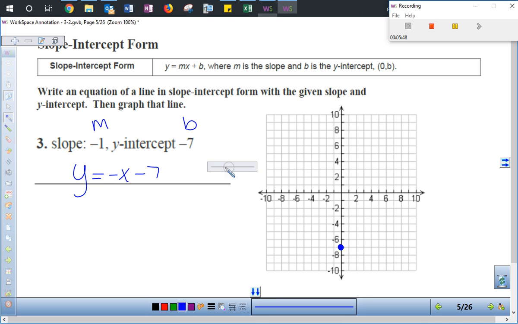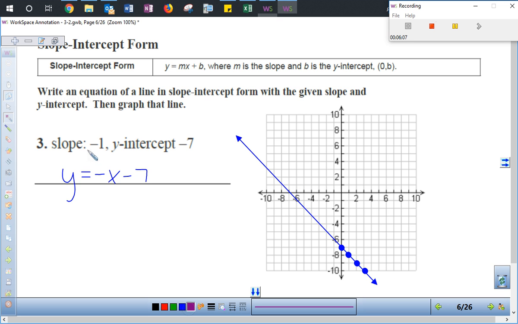Now a friendly reminder, -1 is actually -1 over +1. So I should be going down 1 to the right 1, down 1 to the right 1, down 1 to the right 1. Once you have your 4 points, you can connect them with a straight edge all the way through your graph and end it with arrows.